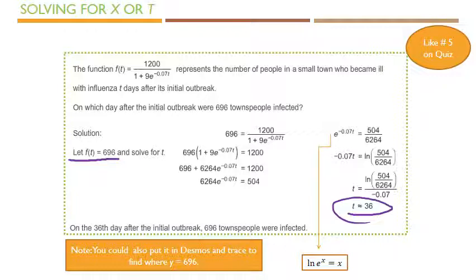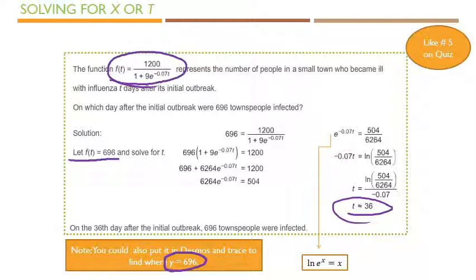Now, you could also put this in Desmos. Put your formula in Desmos, and then type in y equals 696. Your very first entry is going to be the function.